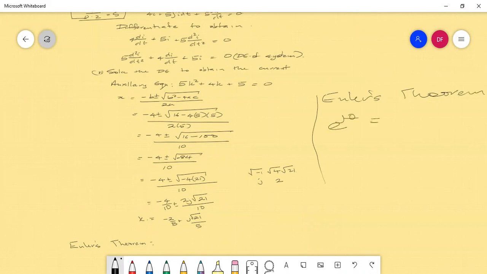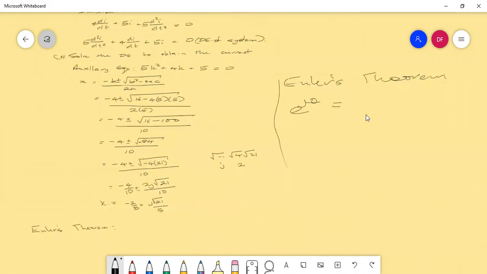Anybody know what Euler's theorem says? I don't remember it. Anybody remember what Euler's theorem is? E to the j theta. All right, let's start off: cos theta.